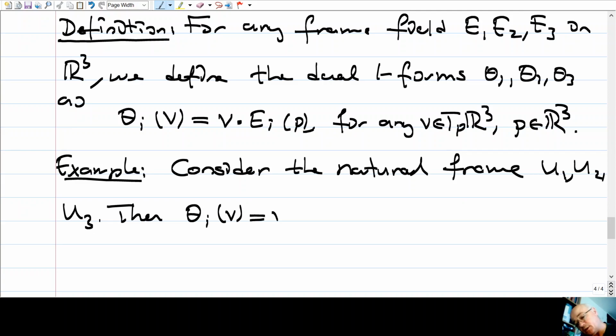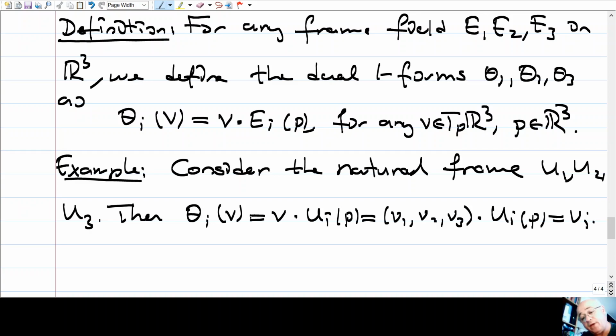Well, this is just v times ei, but e is just u in this case, so v dot uip. So what is this? This is the vector, let's say v1, v2, v3 at the point p, and this is just, depending on which one we have, it is either 1 0 0 or 0 1 0 or 0 0 1.